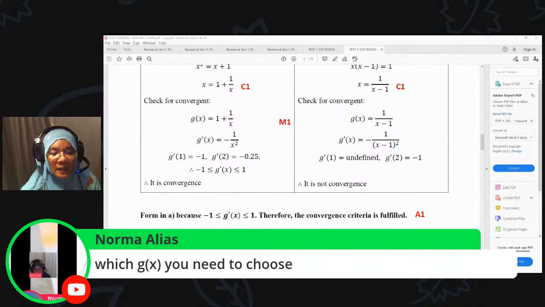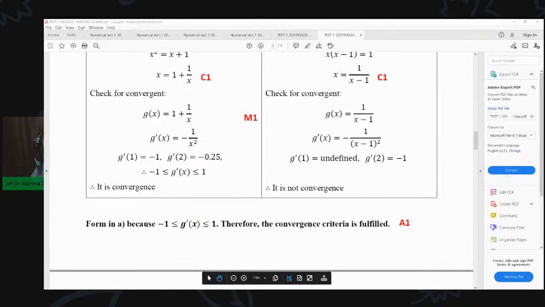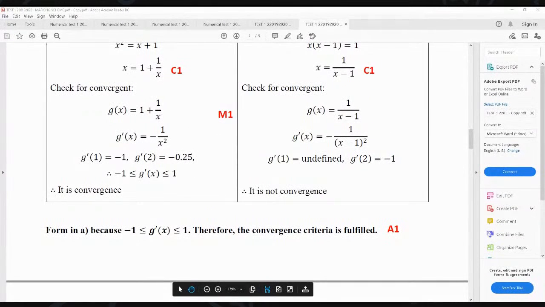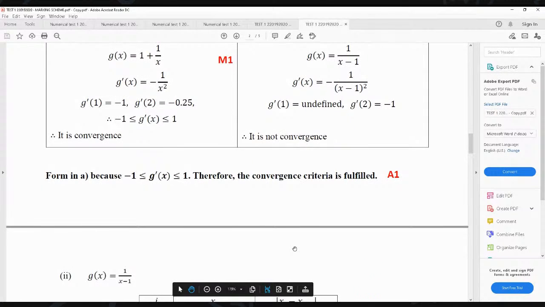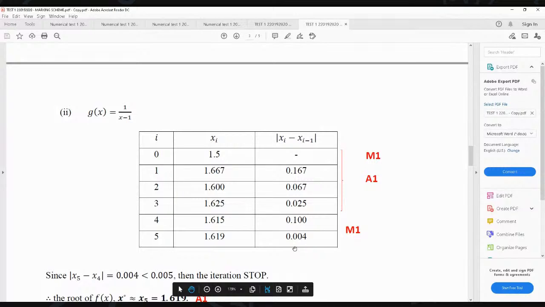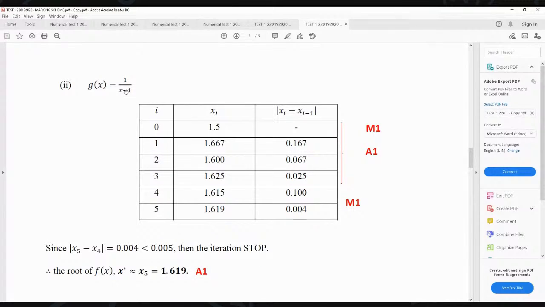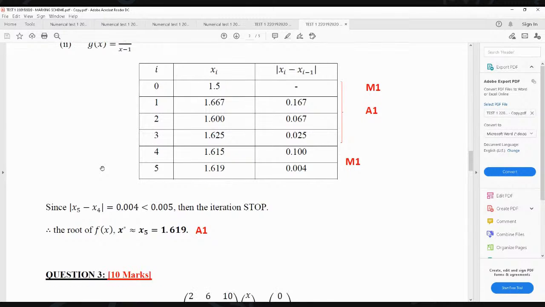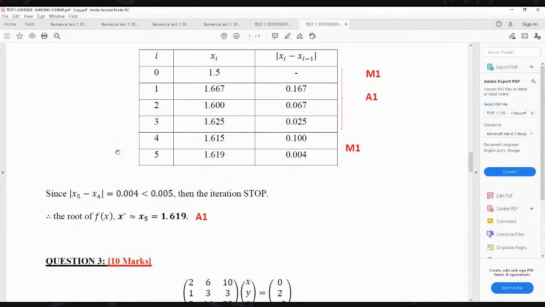Now let's apply the fixed point iterative method. When we apply it for g equal to 1 plus 1 over x, this one you need to get correct. This is the g that converges.